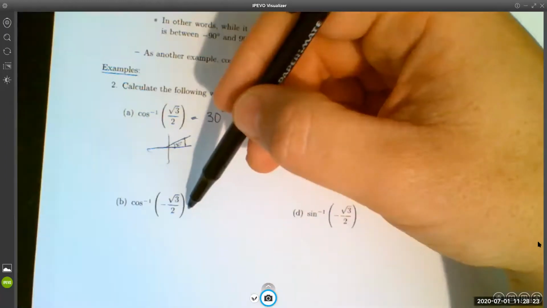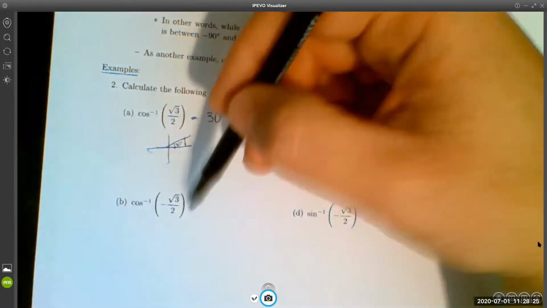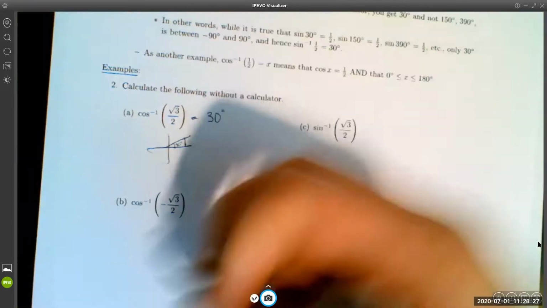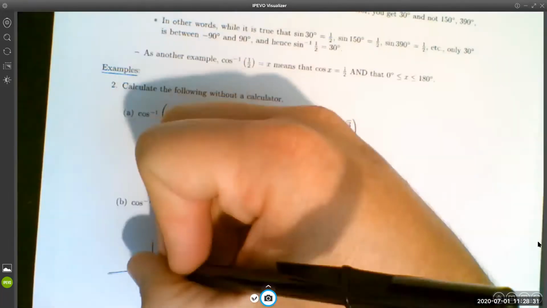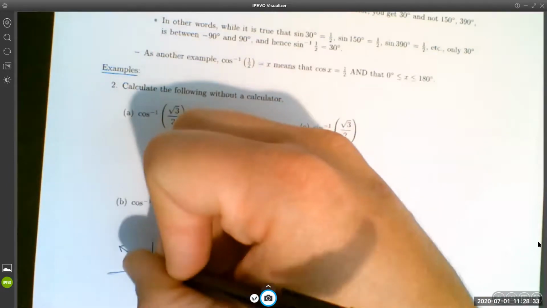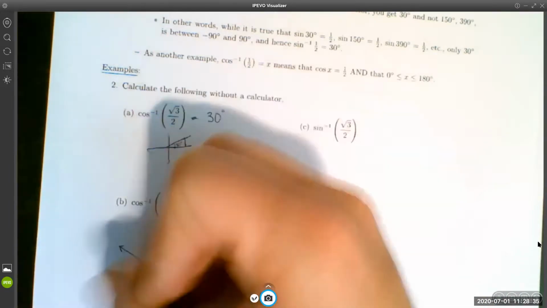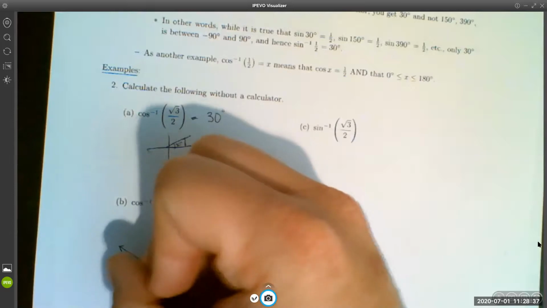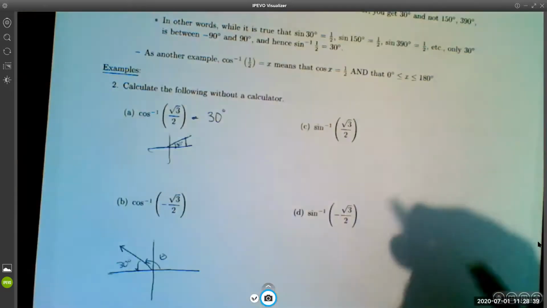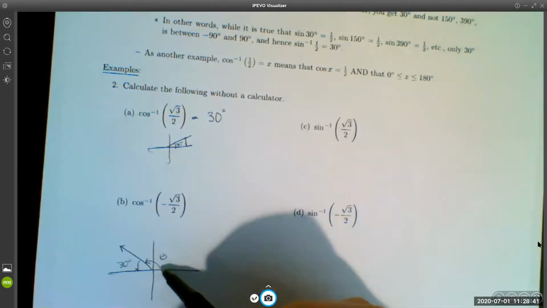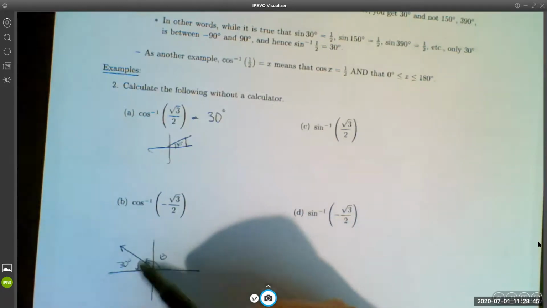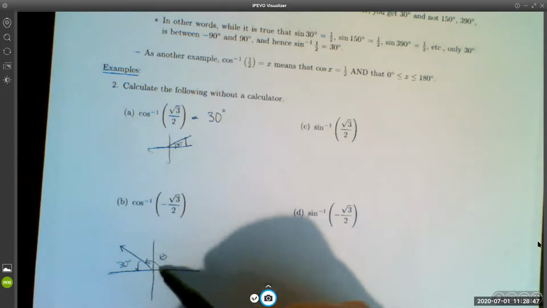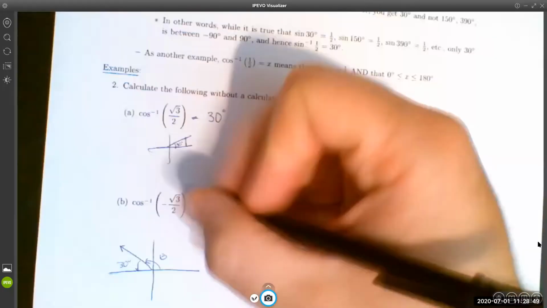You know that cosine of 30 degrees is √3/2, so the angle you're looking for is in quadrant 2 and has a reference angle of 30 degrees. To get from here all the way to here would be 180 degrees minus 30 degrees, which is 150 degrees. So theta must be 150 degrees.